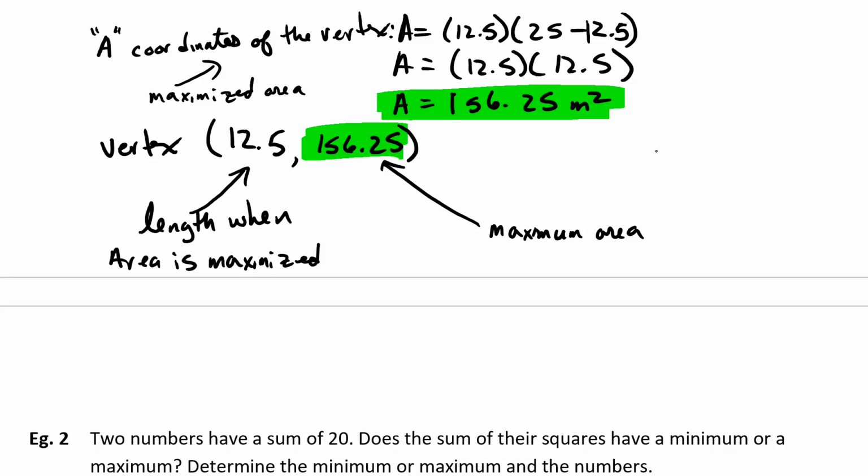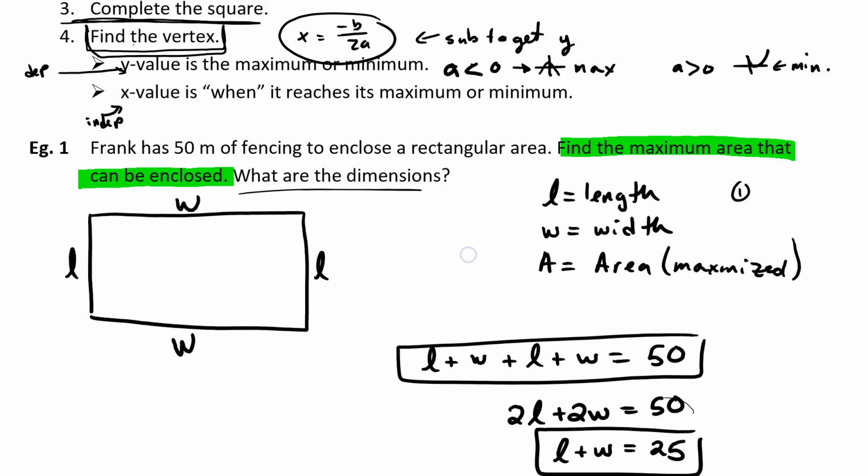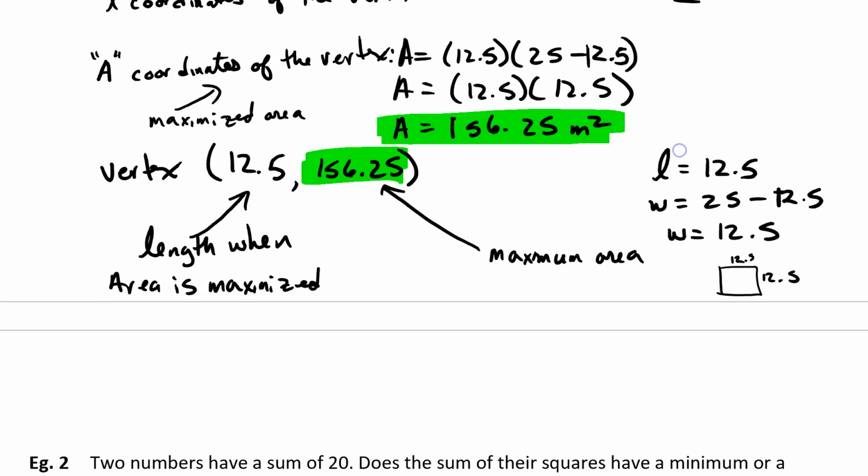Well, we know that L equals 12.5, and width is just 25 minus 12.5, which means that width equals 12.5 as well. So we have this square that is 12.5 by 12.5. So when we are looking for the dimensions, we're saying that the dimensions are going to be 12.5 and 12.5.